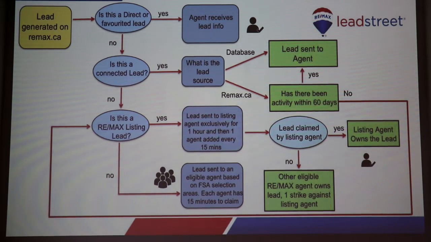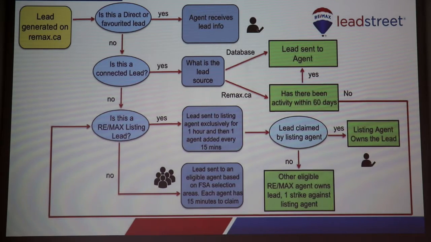So, if for whatever reason it's not a connected lead, it asks itself, is it a Remax listings agent lead? If it's a Remax listings lead, then it goes to the listing agent exclusively for an hour. So there's no more trying to fight to get this lead. The listing agent gets it, and they get it for an hour.